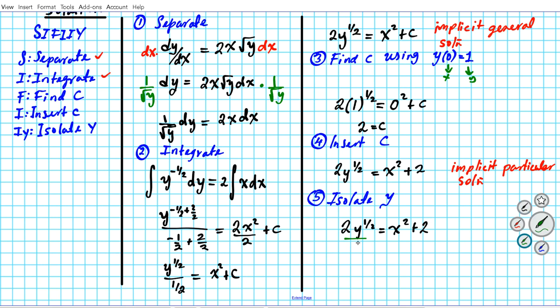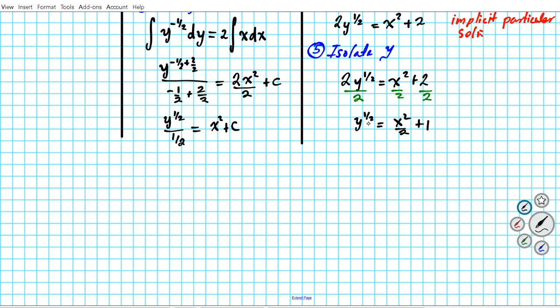So if we divide the entire equation by 2, we have y to the 1/2 is equal to x squared over 2 plus 1. And then the inverse of the 1/2 power, or the square root, is the square. Okay, so raise both sides of the equation to the second power.